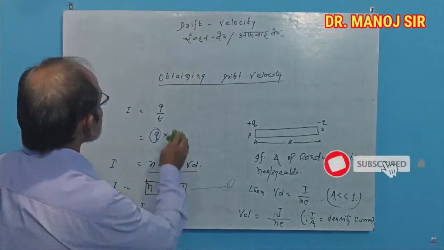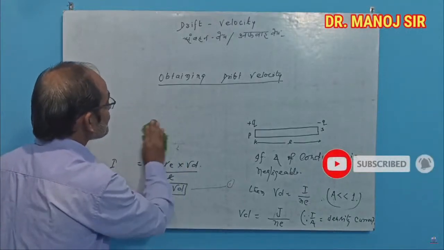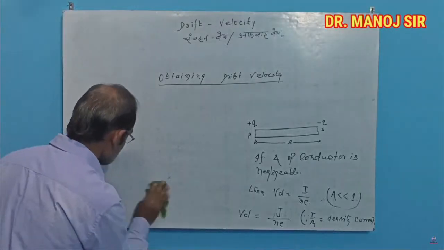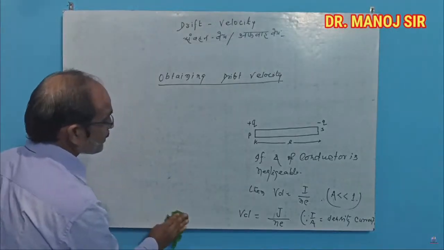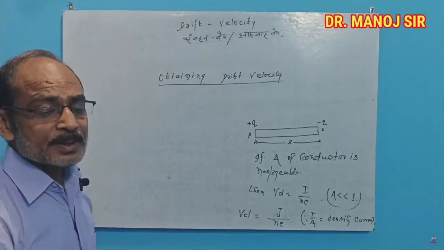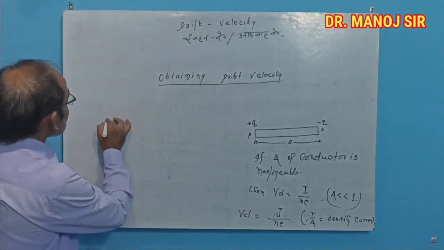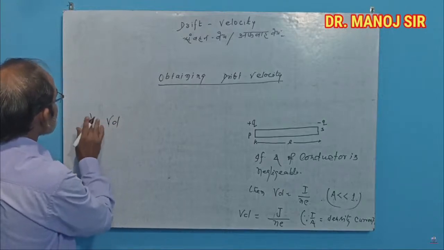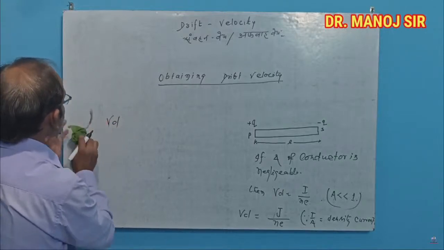Therefore, we can derive it in this manner, that is called drift velocity, meaning disrupted drift velocity.